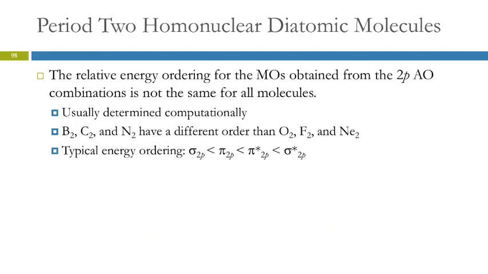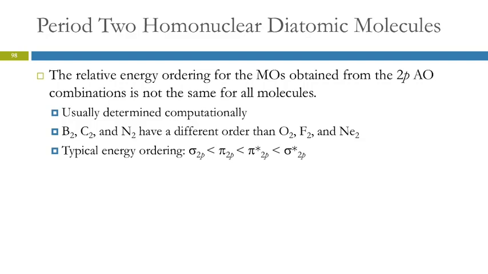So how do the pi and sigma 2s and 2p orbitals, how do they rate in terms of energy? It's not always the same, unfortunately.